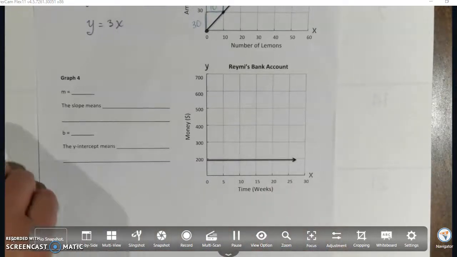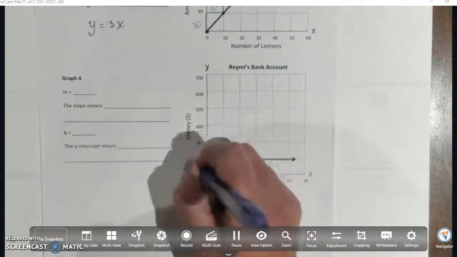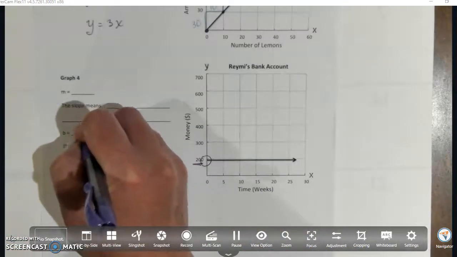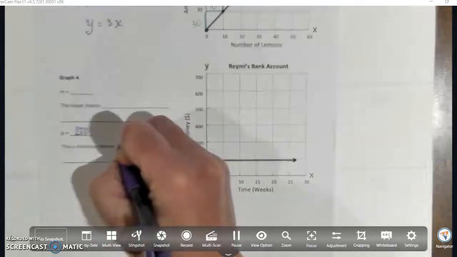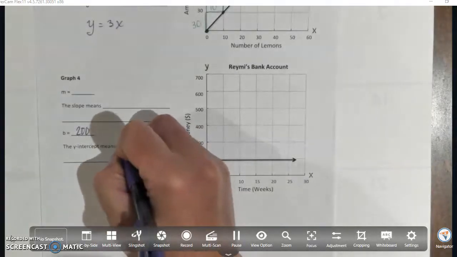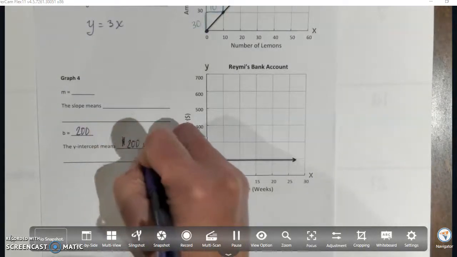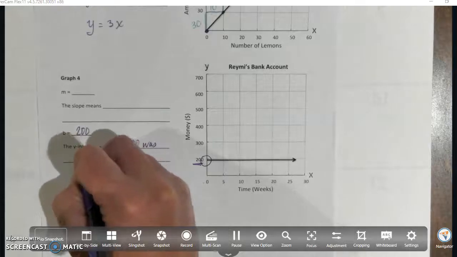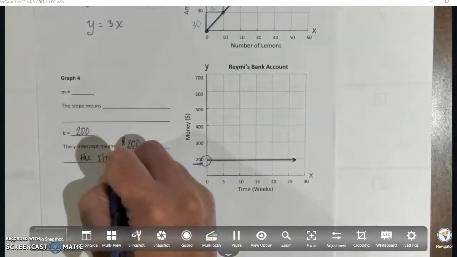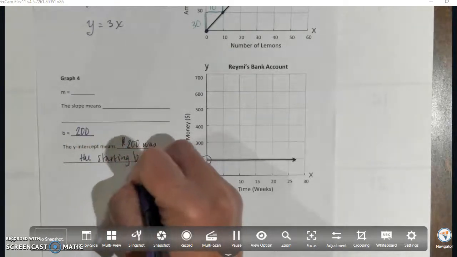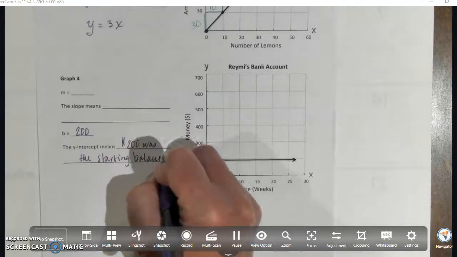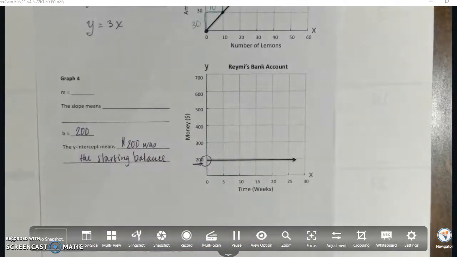And so we do have a beginning of the graph. It began at 200. So we literally would say $200 was the starting balance. Okay, makes perfect sense.